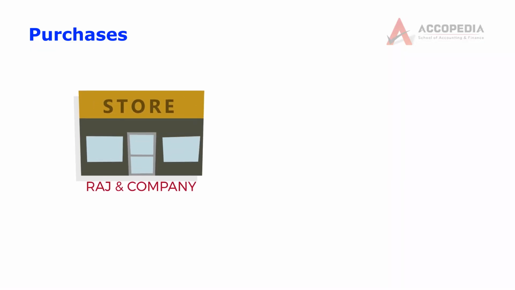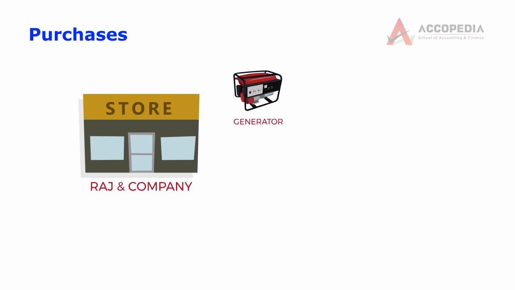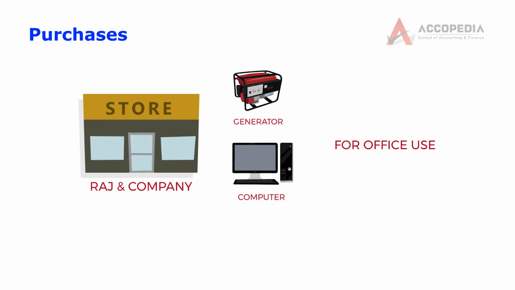So in my company, Raj & Company, suppose I buy a generator or I buy a computer for office use. By English colloquial grammar, we say I have purchased a generator and therefore it looks like purchases. But for accounting, purchase of a generator for office use is not purchases.